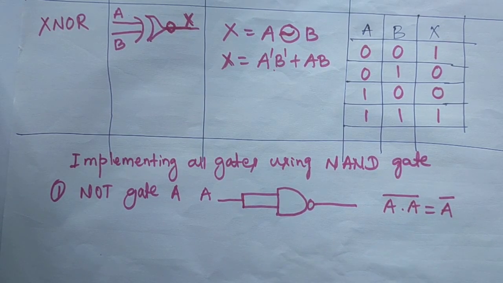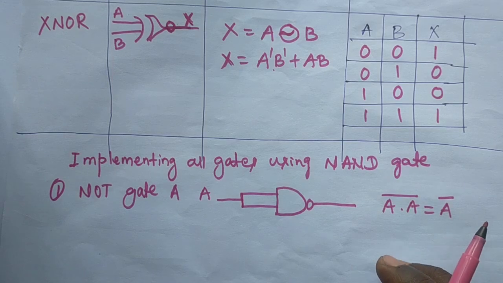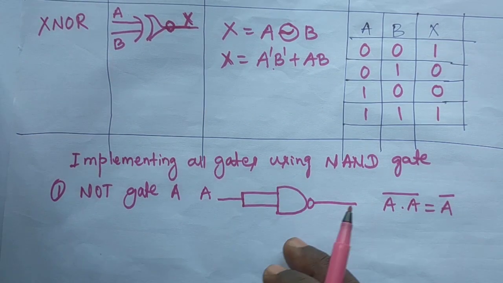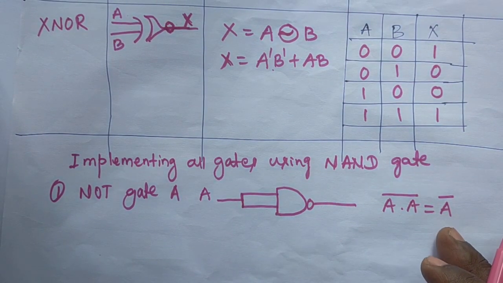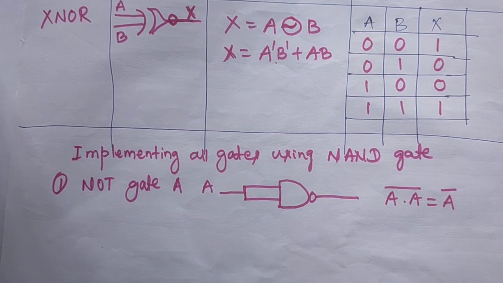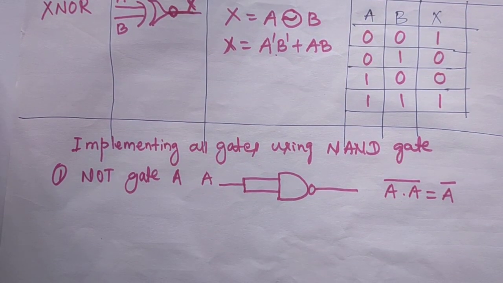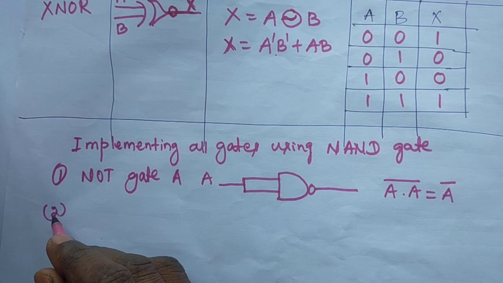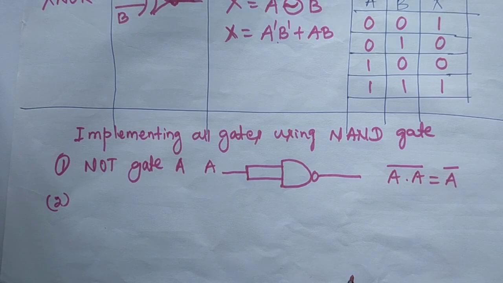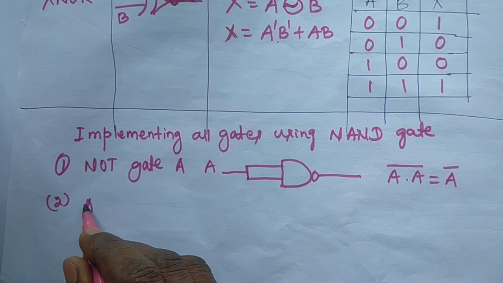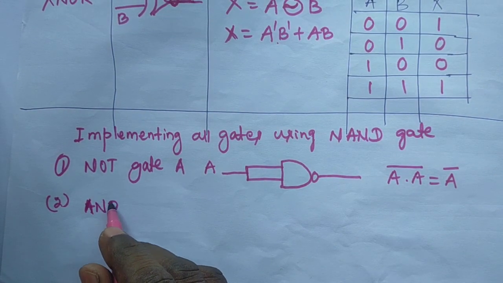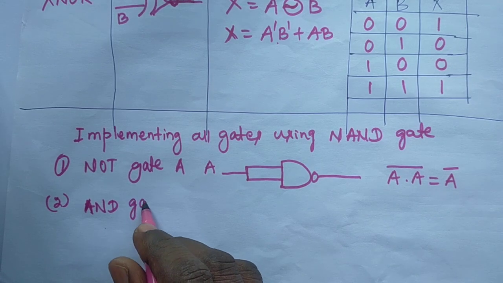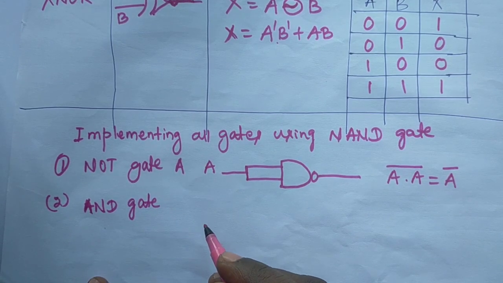Like this we can design different logic gates using the NAND gate. So we use the NAND gate, but the result is designed in this way. That we can tell is a NOT gate A. Similarly, another gate, the AND gate.